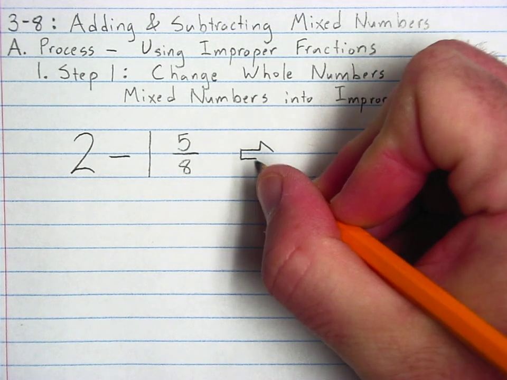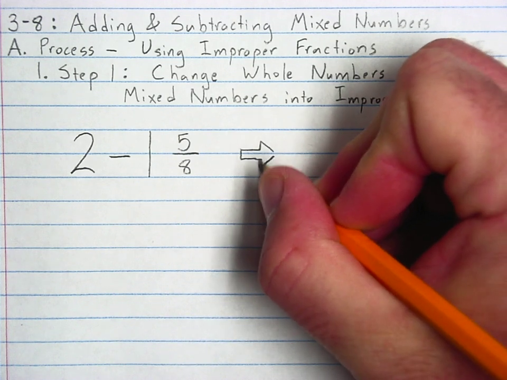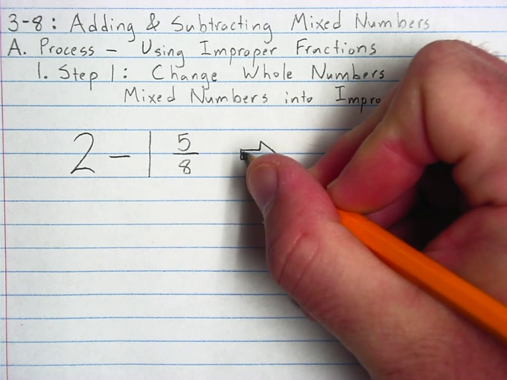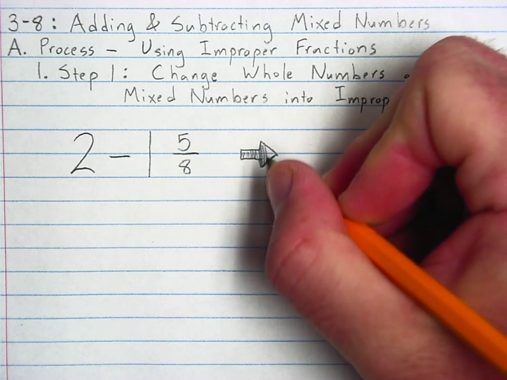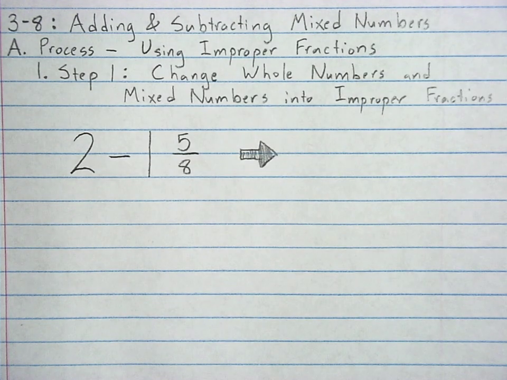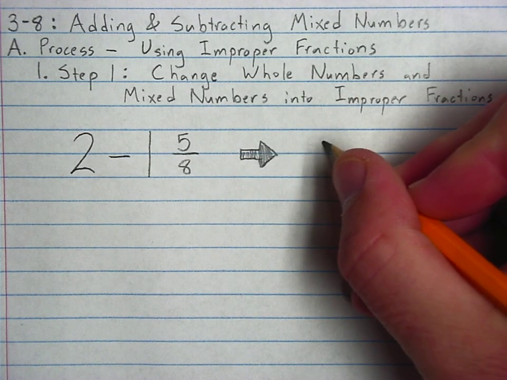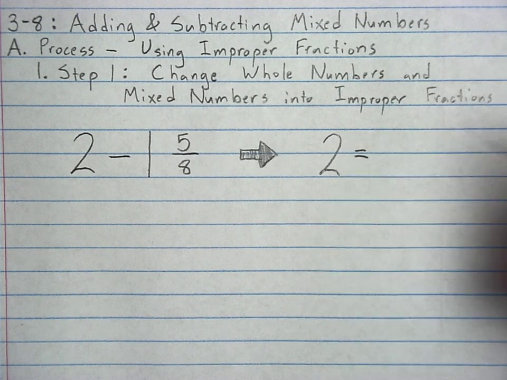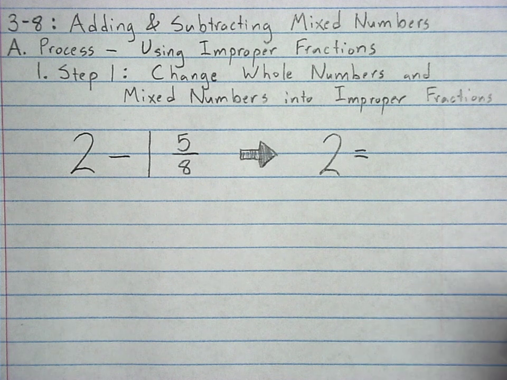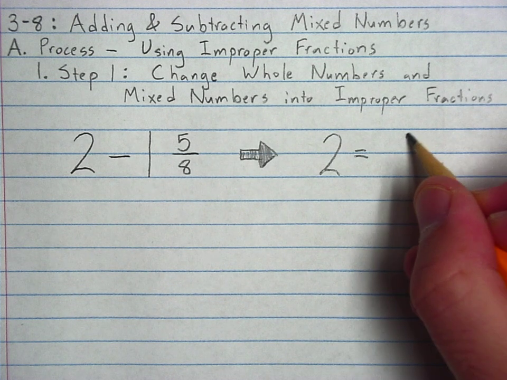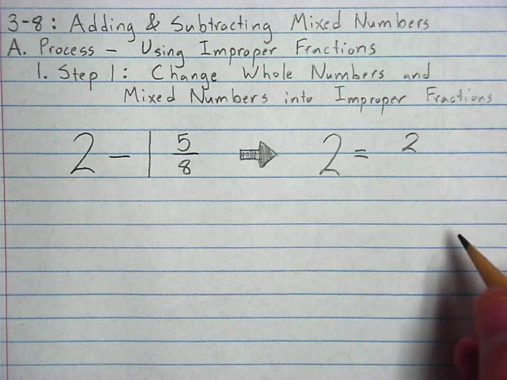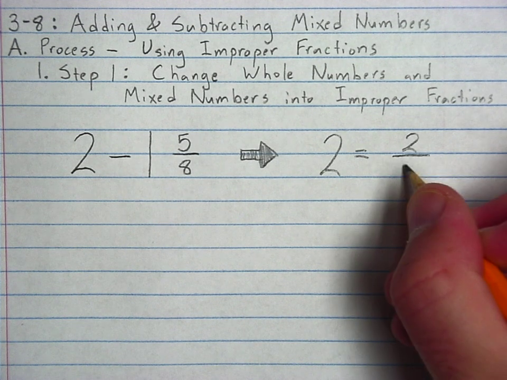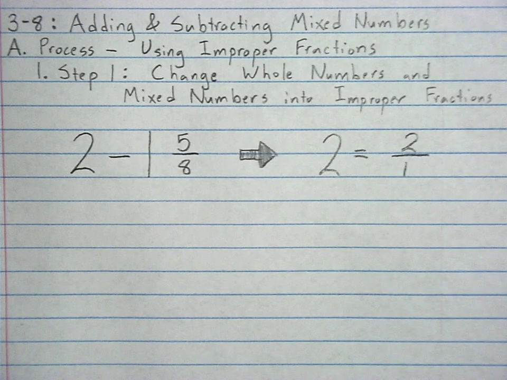Let's start with the 2. Anytime we have a whole number, turning it into a fraction is easy. All you do is write the number as the numerator, and the denominator is 1. Not too bad there.